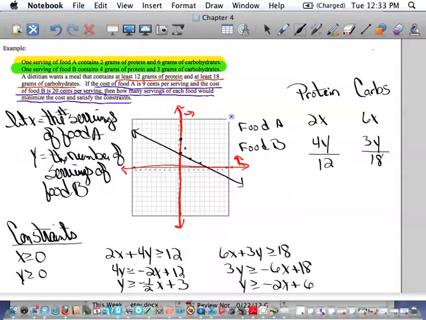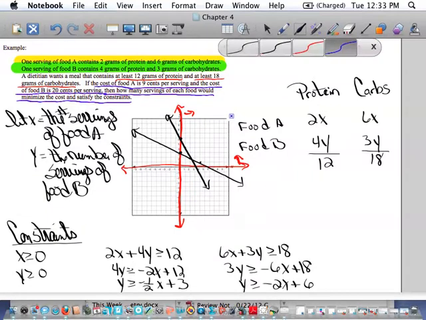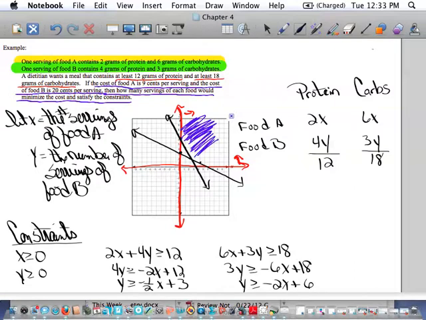And we're going to be looking for the region that satisfies those inequalities. So now y is greater than, so the region that would be greater than would be this region above those lines.